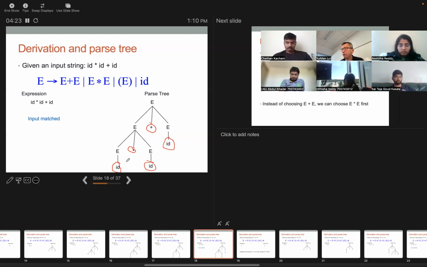And all non-terminals are not leaves. Make sense? Because once you generate a terminal, it's permanent. You don't have to derive that anymore.